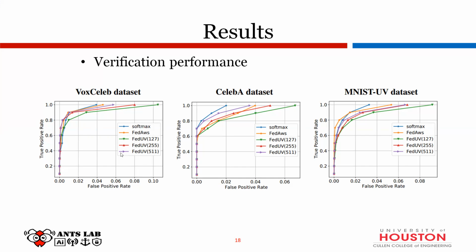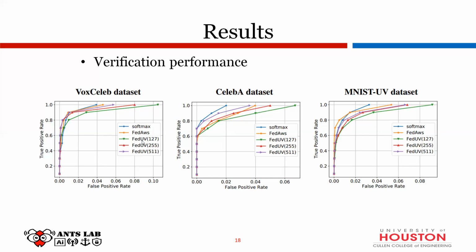As you can see here, softmax has the overall best performance for verification because it fully calculates the positive and negative solutions. And here this is FedAvg with spread-out. These numbers represent the code length of the model.